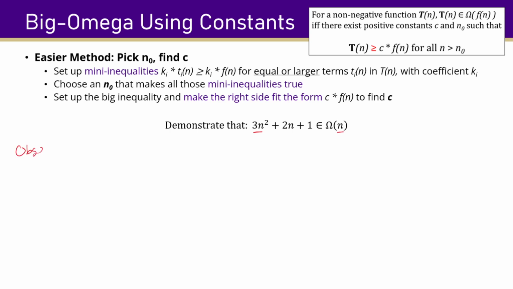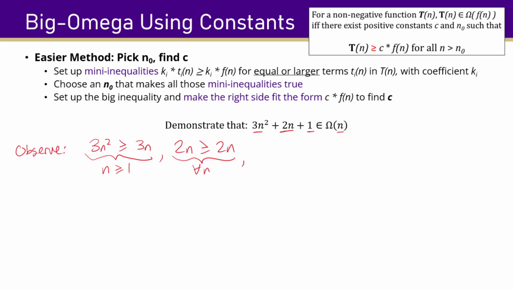Observe that 3n squared is always going to be greater than or equal to 3n, and this is true for n greater than or equal to 1. Next up, the second term. We can also show that 2n is going to be greater than or equal to 2n, because those are equal, and that is true for all n.